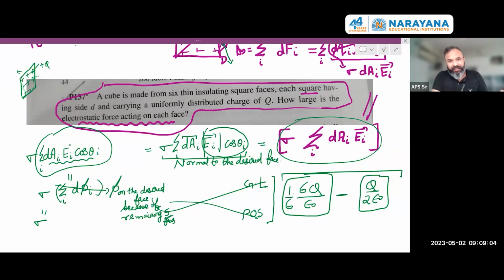Obviously, the answer is fine, but again, I have used another concept. Let me explain conceptually. I have used Gauss law, I have used principle of superposition, and I have also used a concept called continuity of flux, continuity of electric field. Let me just explain these 3 concepts and apply again.